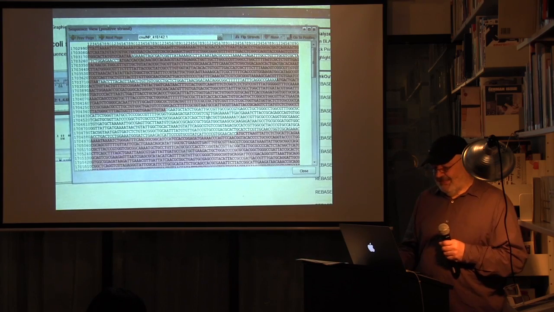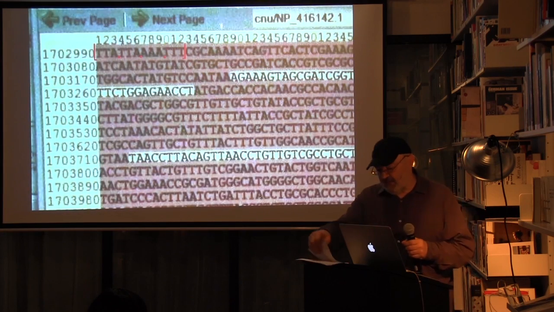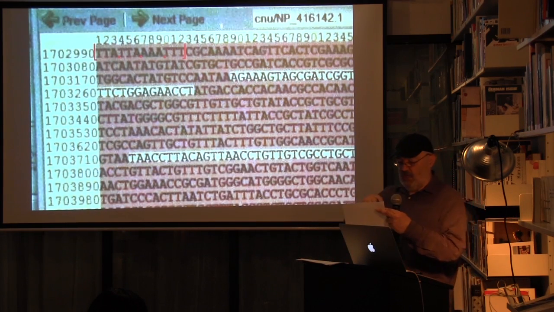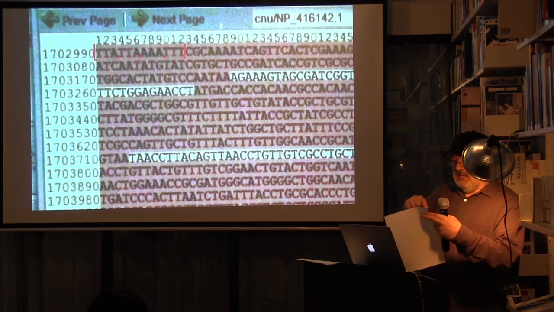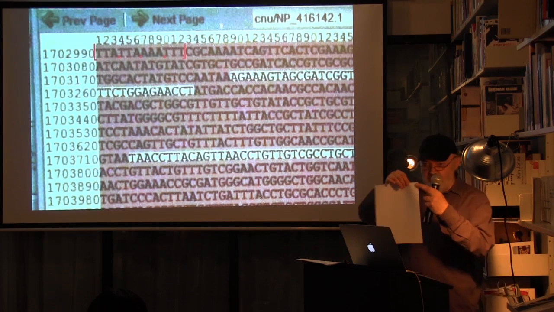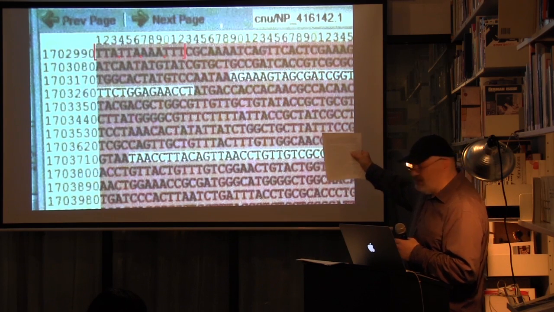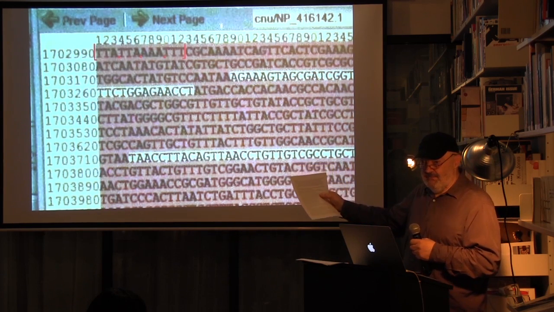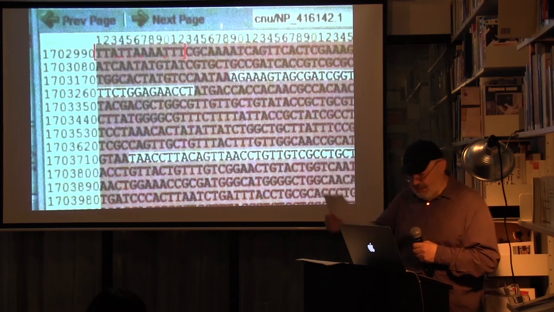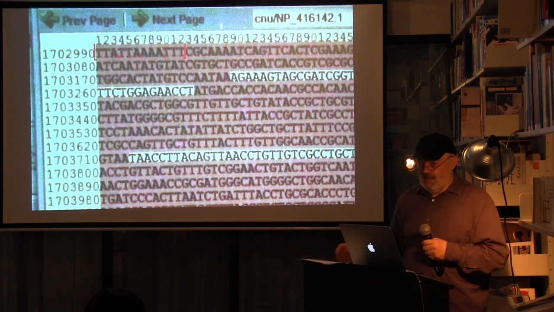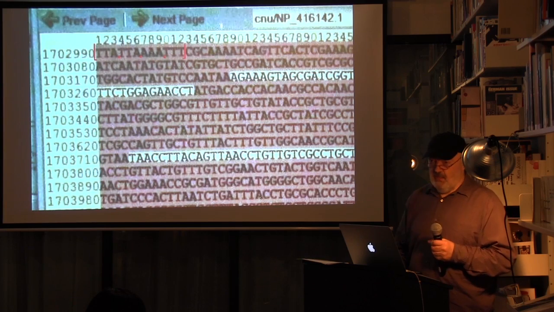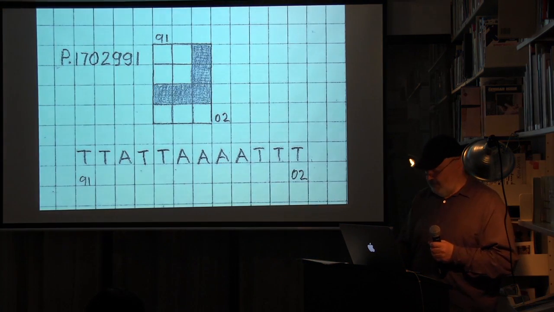And I had a piece of cardboard with a cut that is exactly 12 positions long, and I would put it on the screen to check if this is 12 positions.